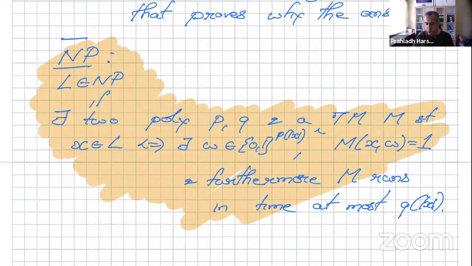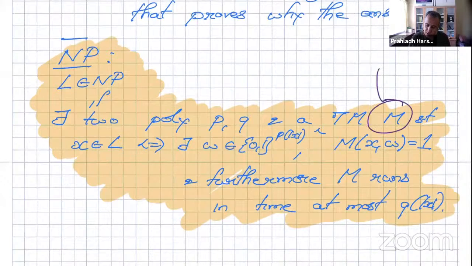This M is usually called the verifier. Sometimes it's denoted by V instead of M, because it's verifying that the witness w actually proves to you that x is in the language or not.